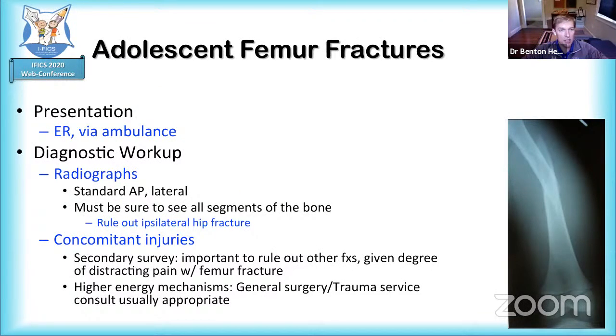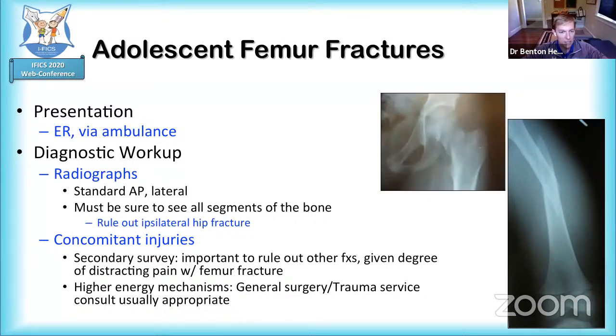So in presentation, these are almost always coming through the ER via ambulance. Our diagnostic workup is probably even more important here, making sure to see all the segments of the bone just because it's a higher energy injury. While rare, we need to rule out ipsilateral hip fractures with our femur fractures and our secondary survey, to rule out concomitant injuries because of the degree of distracting pain with a femur fracture.